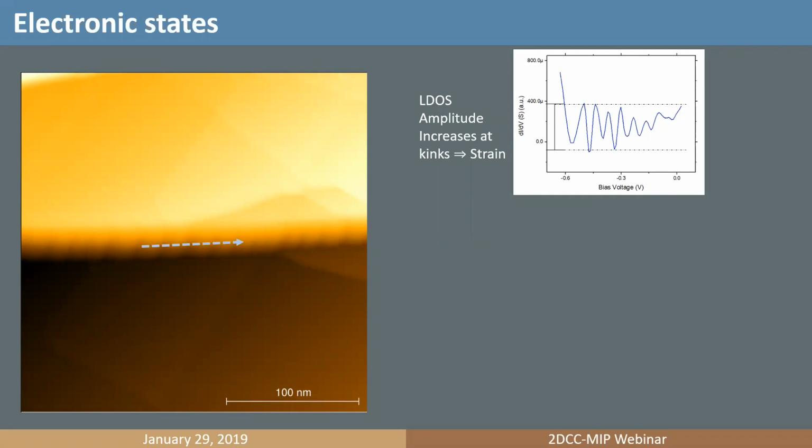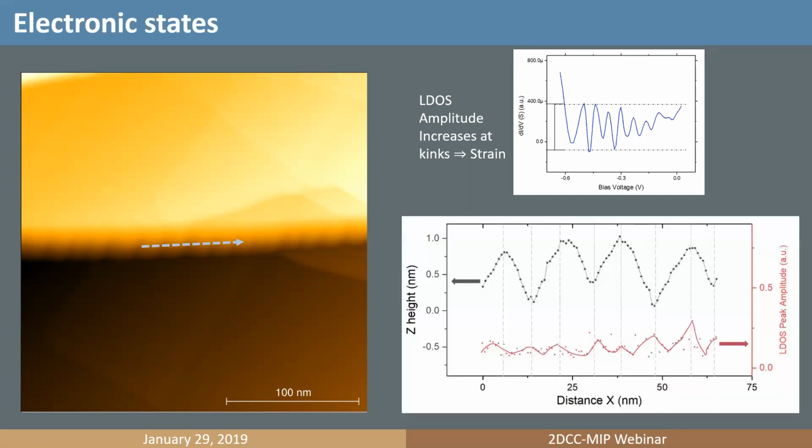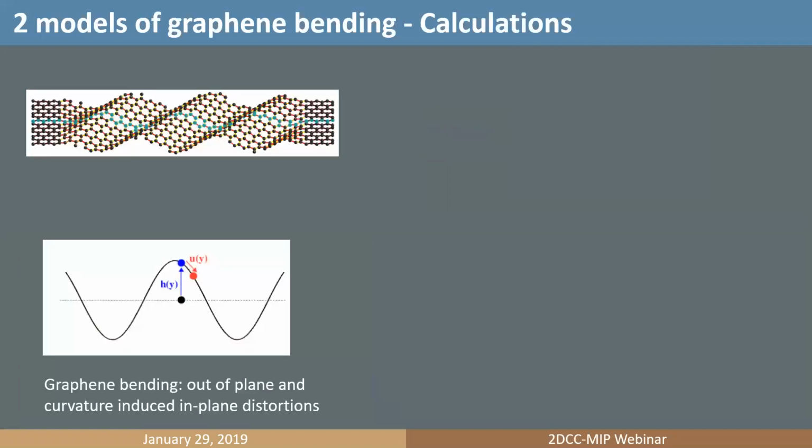They're more prominent there. So this was the first hint that we are seeing something that has to do with strain. This is the Z height as we travel along here, and in red I show the amplitude of these peaks. So every time there is a kink, a crest or a trough, there is a peak in the dI/dV measurement. That means in those points, these peaks are more prominent. Okay, so that's the measurement.